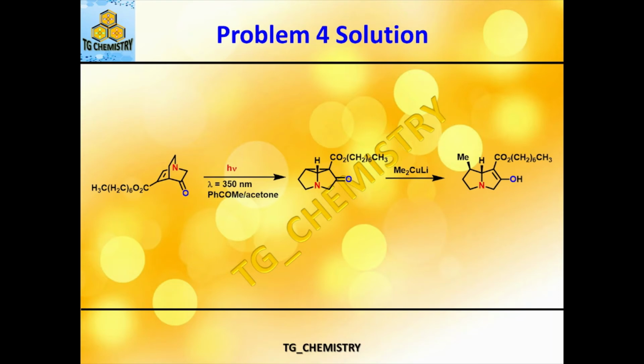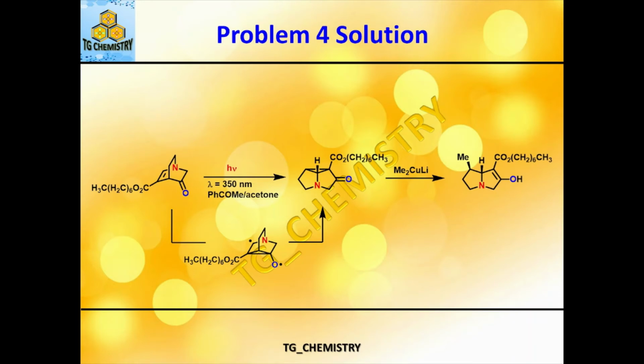So this is first fused with a cyclopropane ring, and then in the presence of lithium dimethyl cuprate, the reductive cleavage of the cyclopropane ring takes place, and we finally end up with the substituted pyrrolizidine compound. So let's see how the mechanism proceeds.